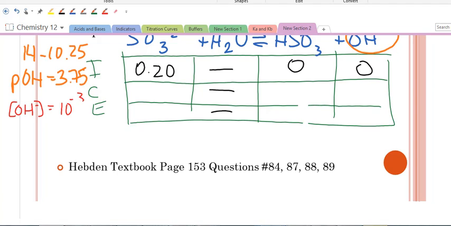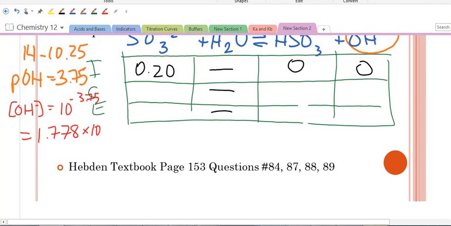So 10 to the negative 3.75 will give us our hydroxide concentration, which is equal to 1.778 times 10 to the negative 4.